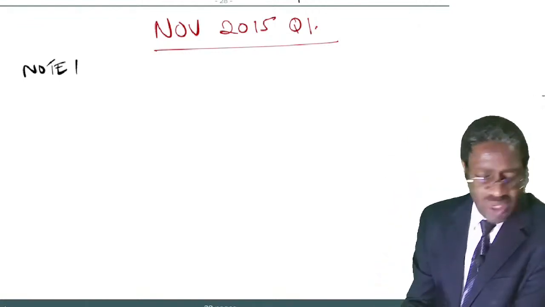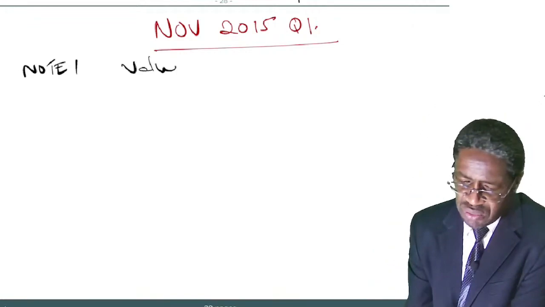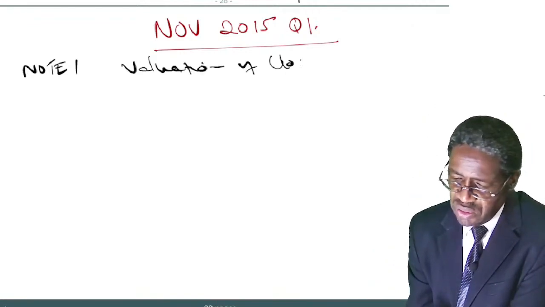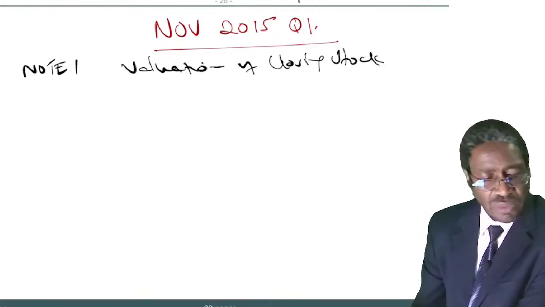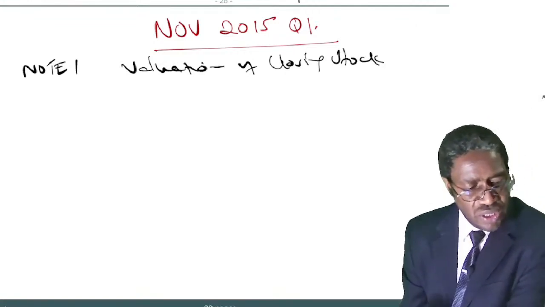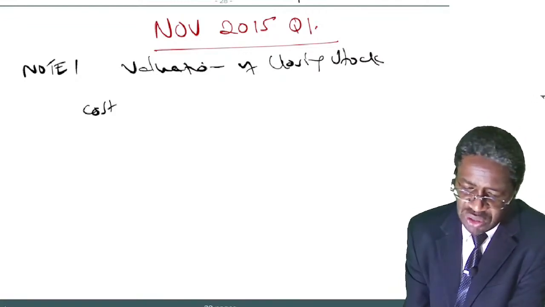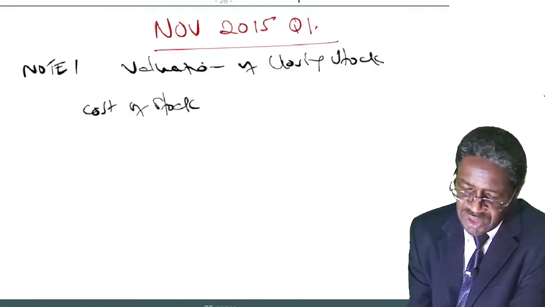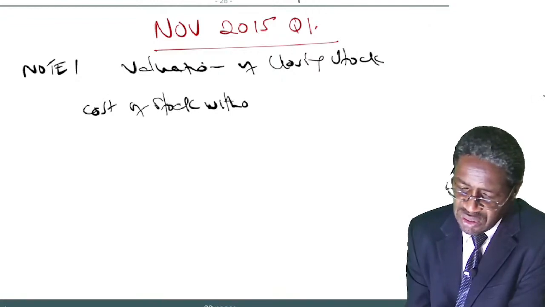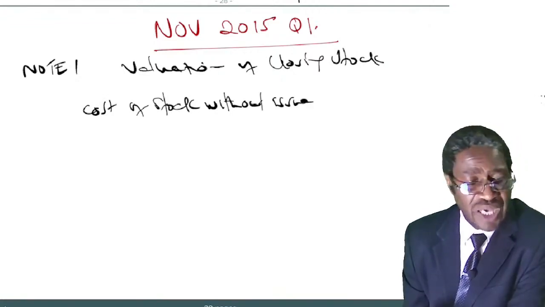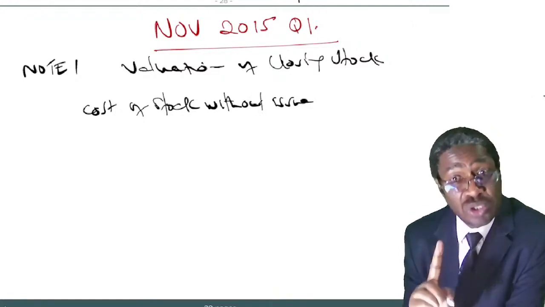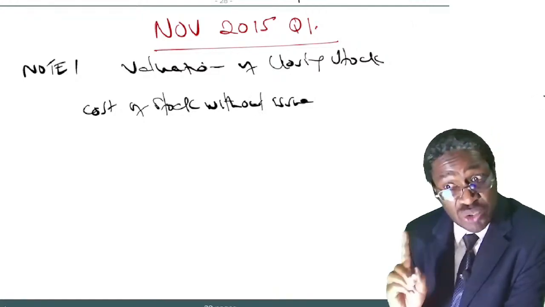Then below that, you can say here, valuation of closing stock. Let us now determine our valuation of closing stock. Then you can say cost of stock without issue.